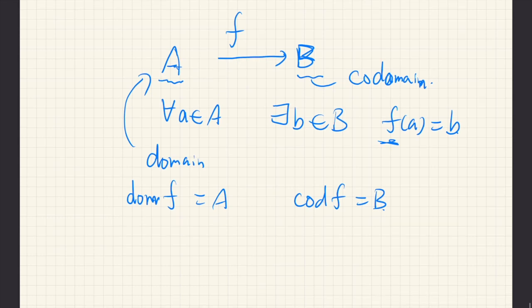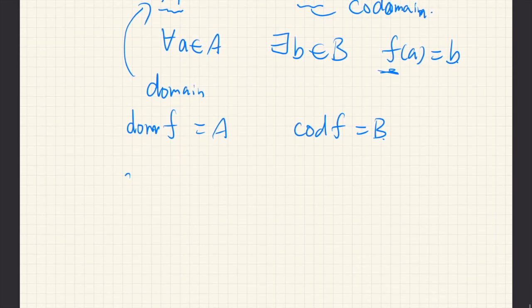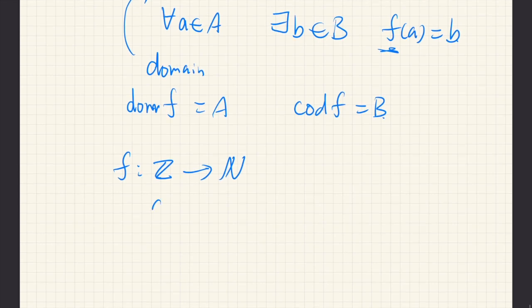Let's see a simple example. Let's define a function from the set of integers to the set of natural numbers. So in this case, f of x, where x is an integer, let's define it as 1 plus x squared. Since x squared is a non-negative integer, it is a natural number.